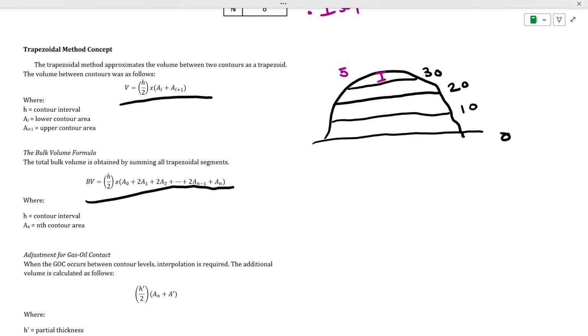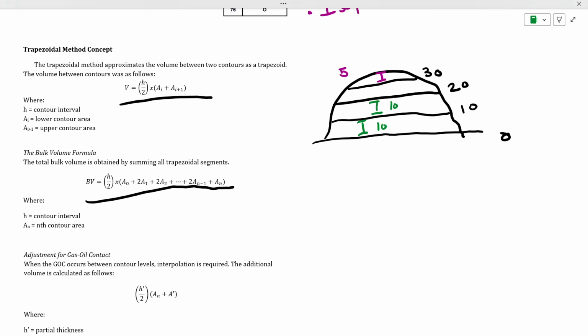So this means that we need to calculate it differently. Again, between the first and the second contour we have 10 feet thickness. Between 10 and 20, it also has 10 feet thickness.